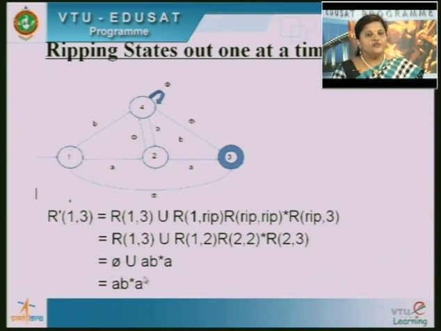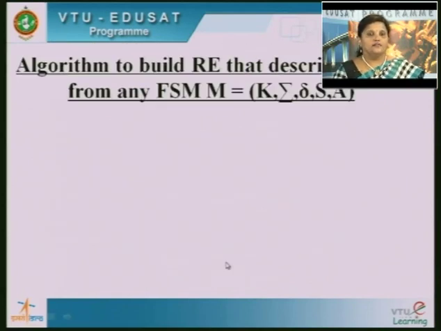So, it is phi union AB star A. So, the answer will be AB star A. This is not the final regular expression, this is after ripping out state 2. That means, when you remove state 2, the equivalent regular expression from 1 to 3 is AB star A.